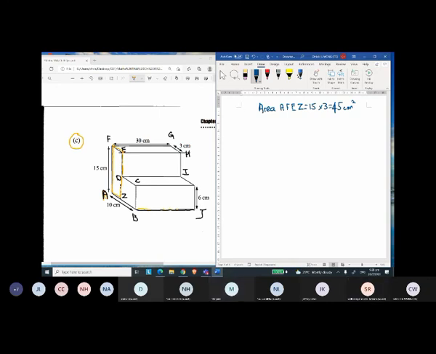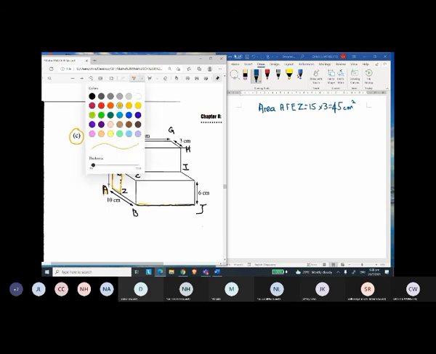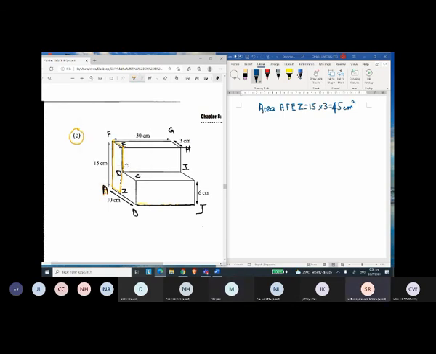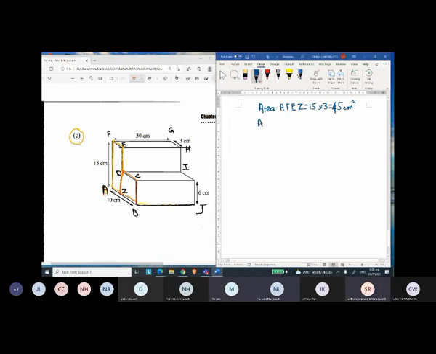Okay, the next one, area of. Now I'm going to do the next one. I'll use a different color. The next one I'm going to do is C, D, Z, B. Can or not? Can. See, I do one by one. Area of C, D, Z, B, I underline this one first. This one we need.